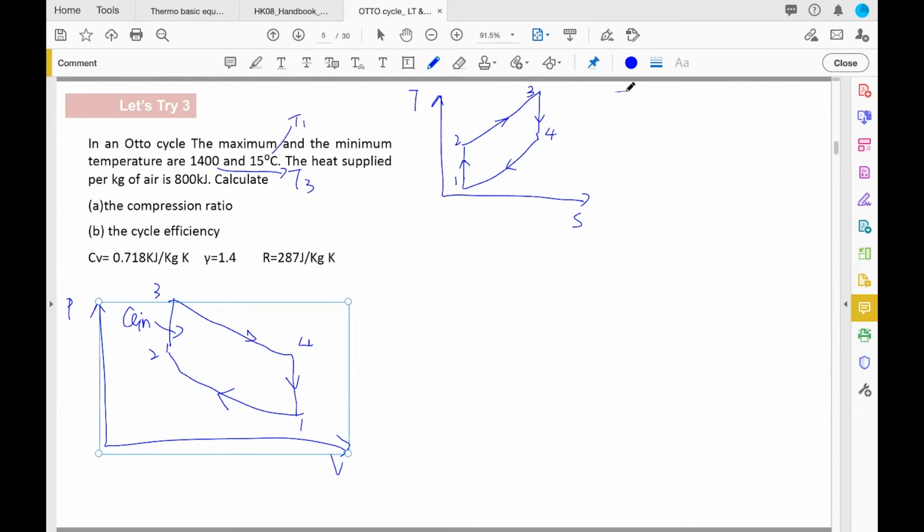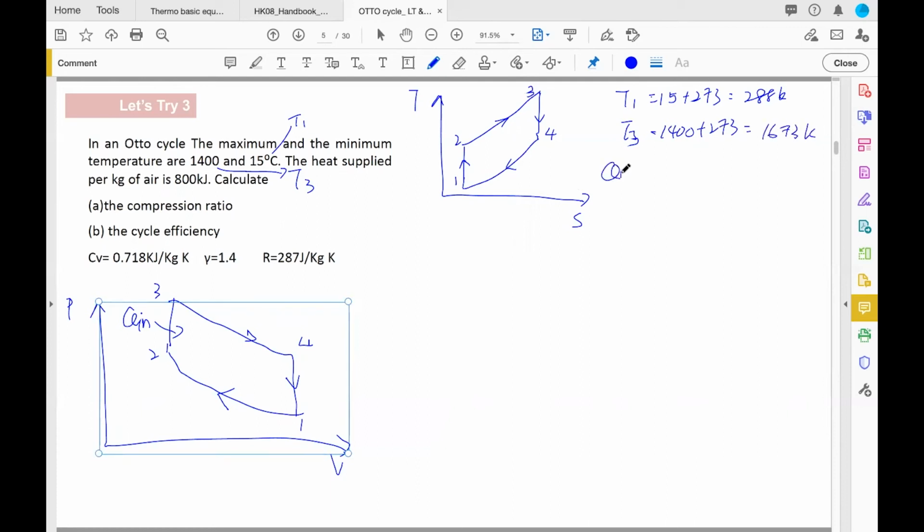So we know that the maximum temperature is actually T3, and the minimum obviously is T1. So T1 is 15 plus 273, which is 288 Kelvin. T3 is 1400 plus 273 equals 1673 Kelvin.